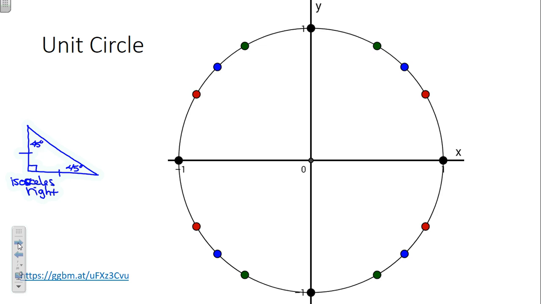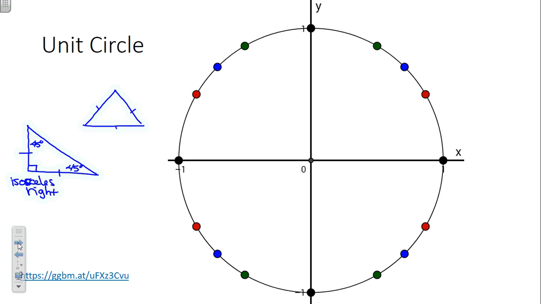Since there's 180 degrees in a triangle, 90 is used up and these have to be equal. They're each 45. So we like to know special measures of 45-degree angles. We want to have them memorized at the tip of our tongue immediately, by the time this chapter's over. The other one that's special is this particular triangle.